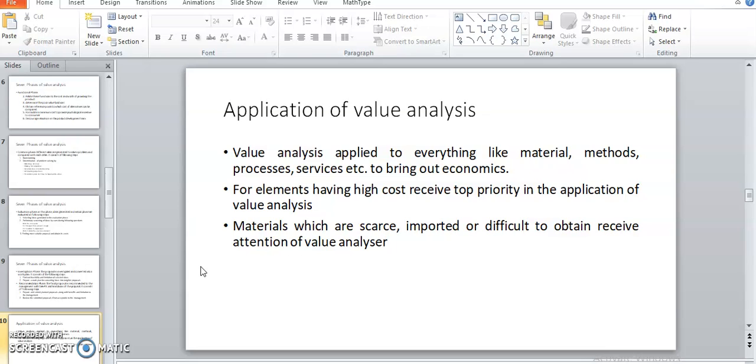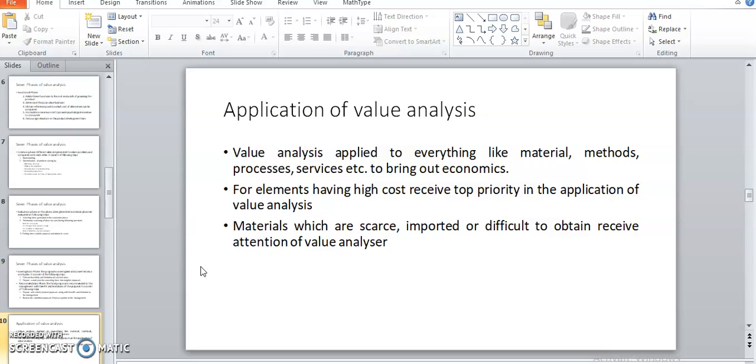This implies a particular item whose total annual consumption is more, and we can give top priority to such applications in value analysis.